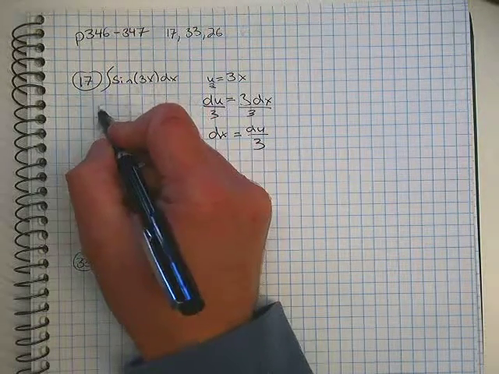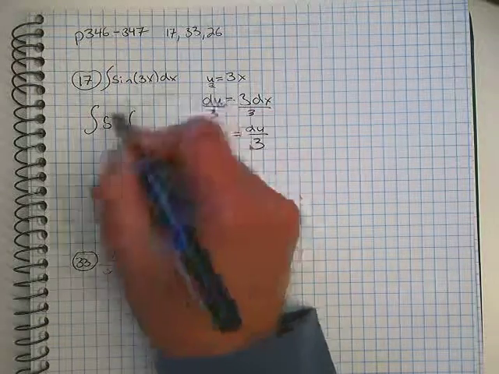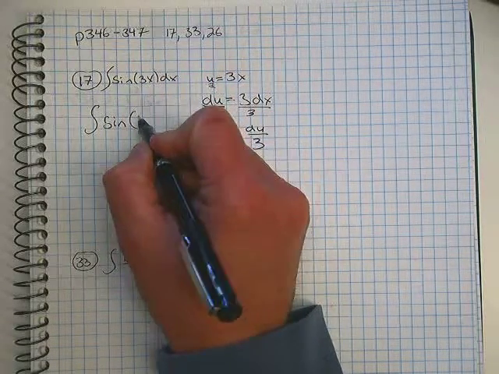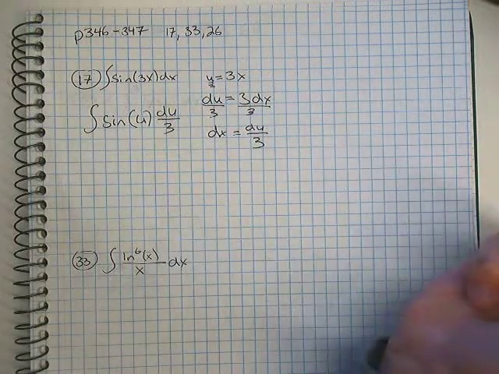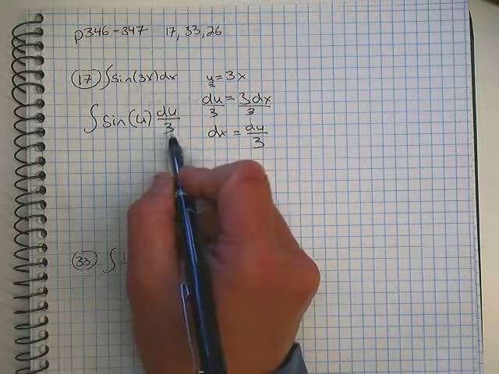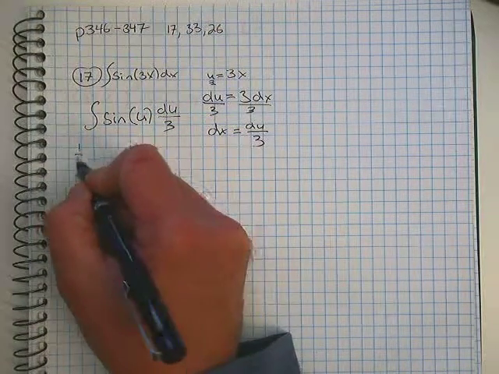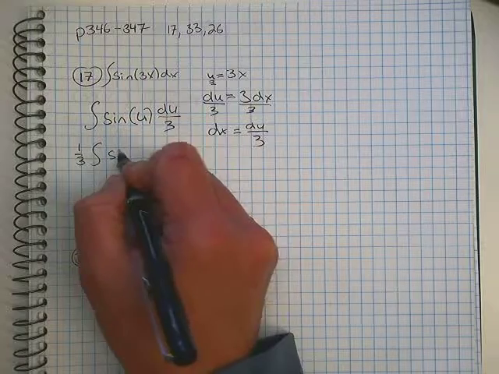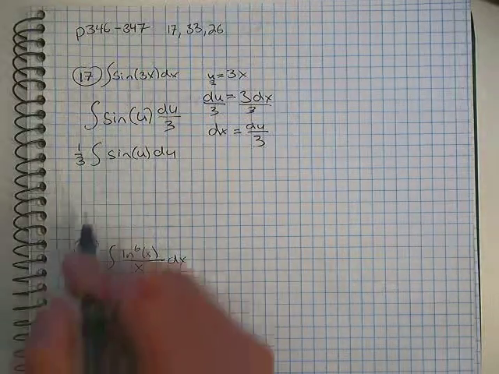So this gives us dx equals du divided by 3. So we're going to come back up here and do our integral: the integral of sine of u, since u is 3x, so instead of 3x we write u. dx is du divided by 3. This 3 is just a constant, so we can pull that out in front of the integral. We got 1/3 the integral of sine of u du.